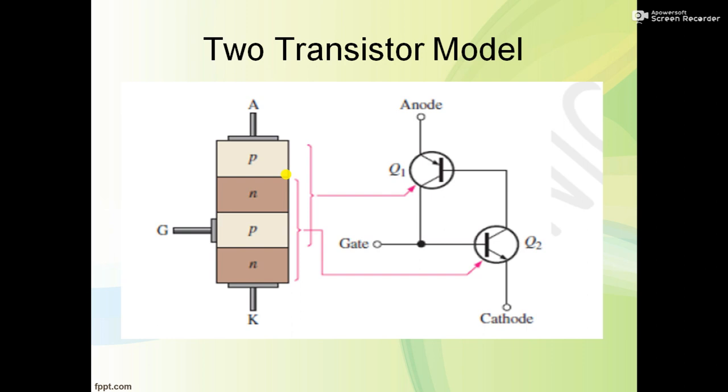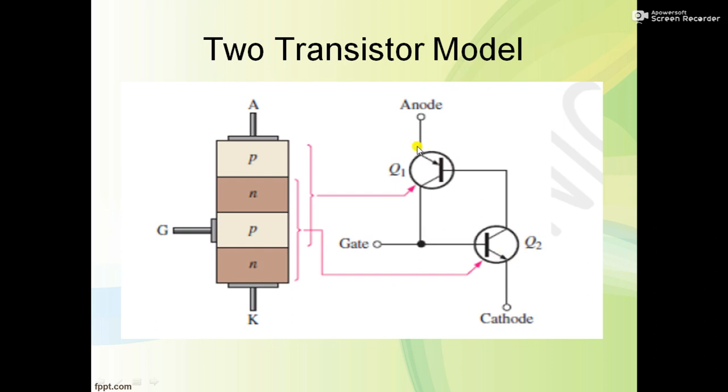Combining both junctions gives one transistor. So the basic construction is represented by the 2 transistor model circuit diagram.